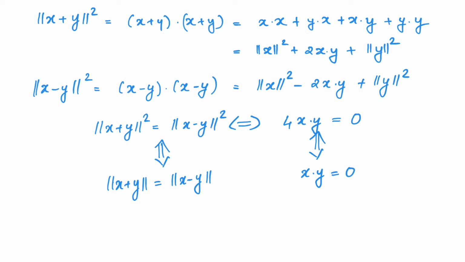Combining all this, we get that norm of x plus y is equal to norm of x minus y if and only if x dot y is equal to 0. And we already saw that norm of x plus y is equal to norm of x minus y if and only if x and y are perpendicular. So x dot y is 0 if and only if x and y are perpendicular.